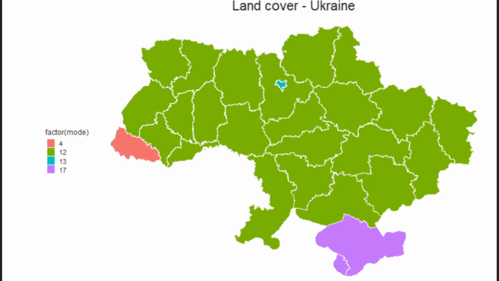So that's quite interesting. And because cropland is by far the most dominant land cover in Ukraine, in the next step, we'll actually analyze what is the actual fractional cover of every region for cropland. In other words, what is the area that cropland occupies in every region?